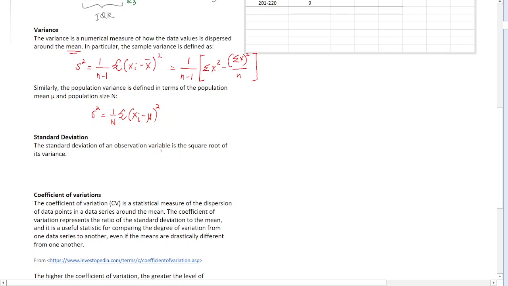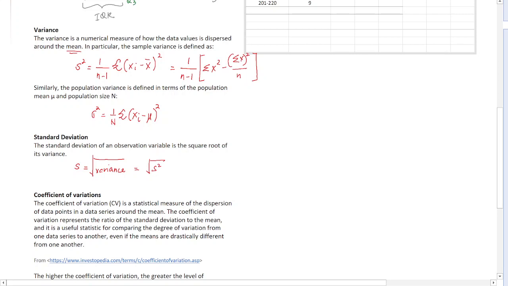I'm just going to write down the formula for the sample. In this case, it is denoted as S only. So this is the sample standard deviation, and this is simply the square root of the variance, the square root of S squared. That's why you have S.